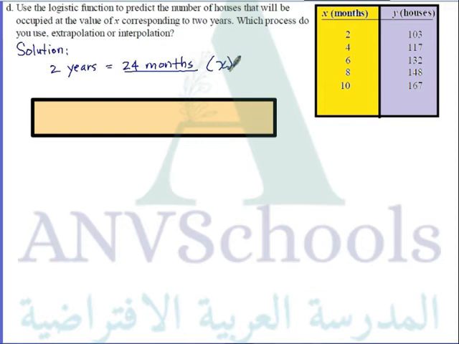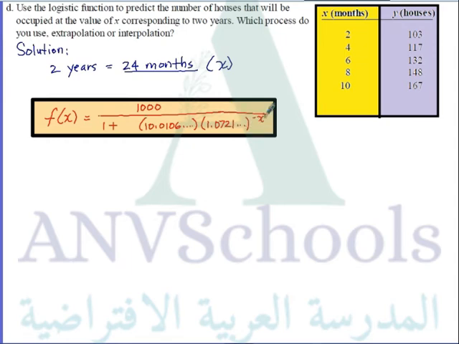Okay? And what is our logistic function again? Our logistic function is f of x is equal to 1000 divided by 1 plus 10.0106 times 1.0721 raised to negative x.